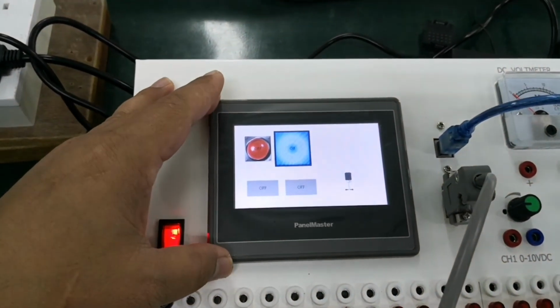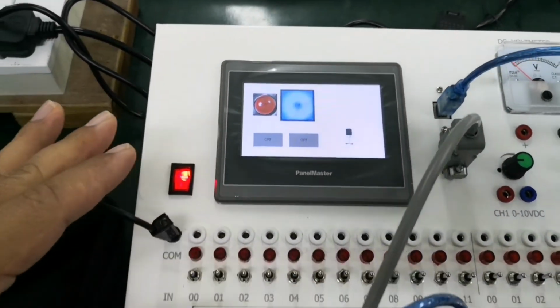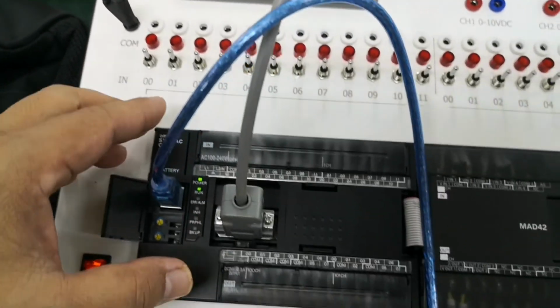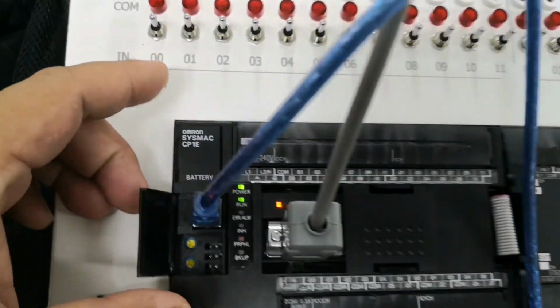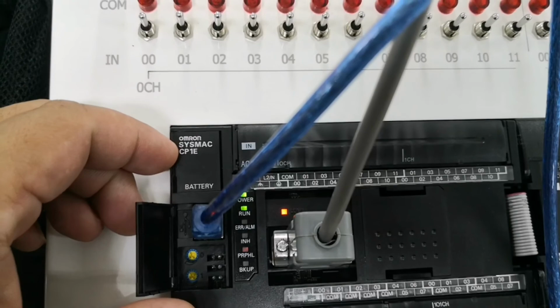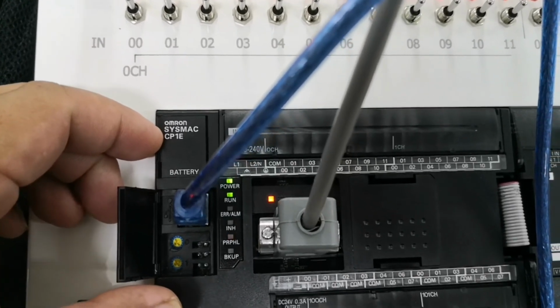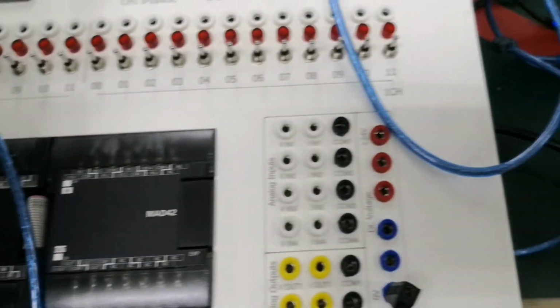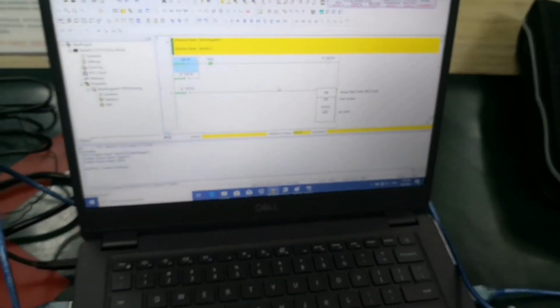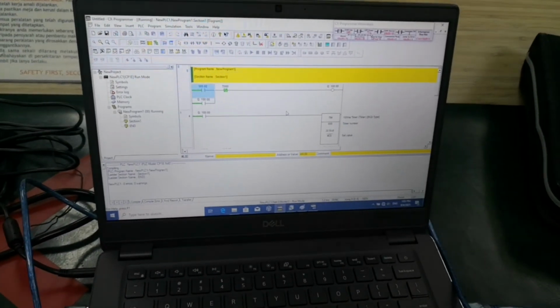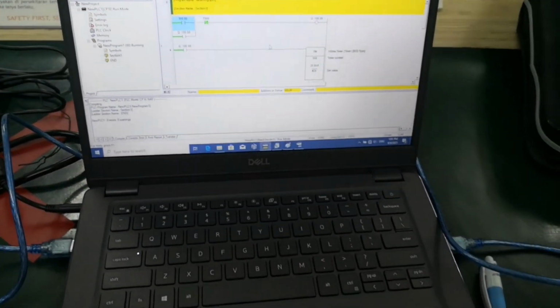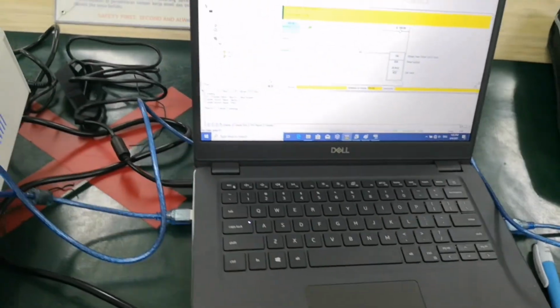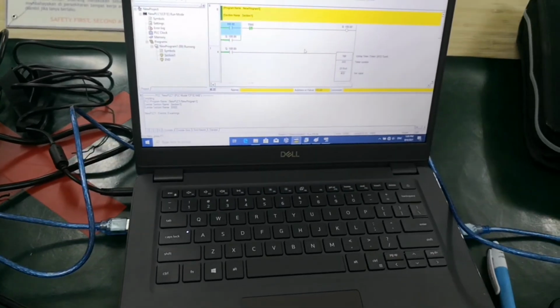This is an HMI unit that can communicate with the PLC. This one is CP1E, and then this is our CX program that we use to write the ladder diagram.